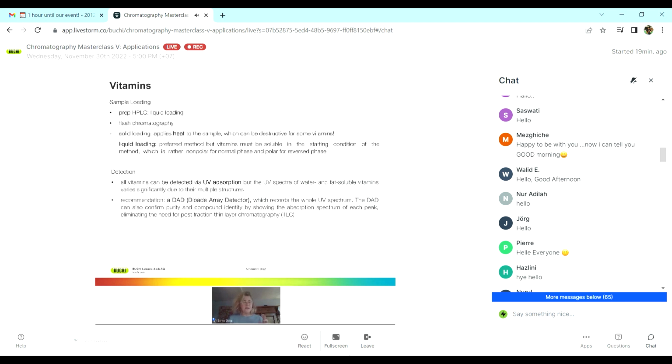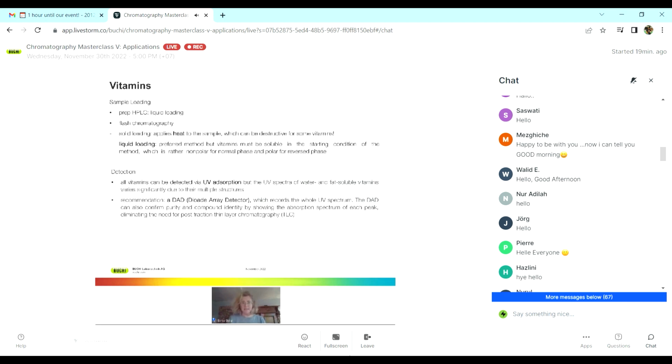Detection. The vitamins can be detected via UV absorption, but the UV spectra of the water and the fat-soluble vitamins actually significantly vary because they have different structures. And so our recommendation is to use a DAD, a diode array detector, because this records the full UV spectrum.